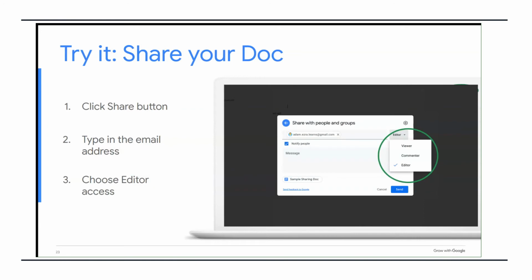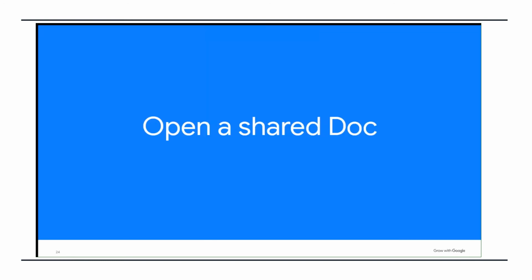In this case, you would probably want to give me either commenter or editor. If you want, you can add a quick note here. So you can put a little message in there telling them why you're sharing it, what you're wanting from them, and click send. I'll be looking forward to seeing those documents coming in.